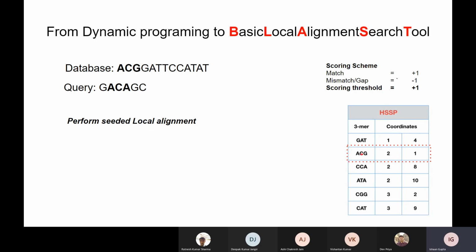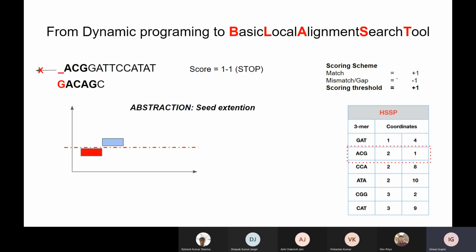So this particular k-mer in the query is found at the second location, and it is found at the first location in the database. So this was our fifth step, right? So we have now started a seeded alignment. So now we have seeded our alignment like this. We know that the second location of the query is going to be aligning with the first location of the database. Now what we do is we extend.